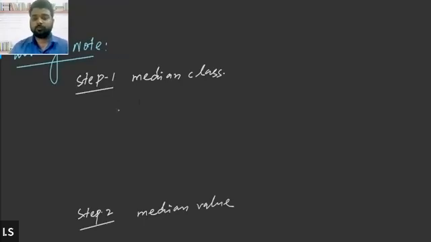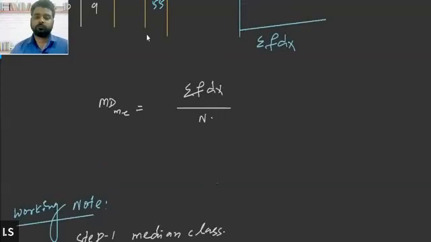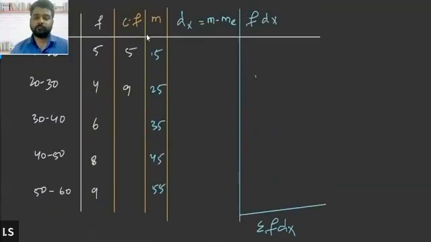All right, no problem. We will apply step 1 first to find out the median class. The formula for median class is n by 2 term, not n plus 1 by 2. This time it will be n by 2 only. Okay, so how many items are there in the question? For that we will have to find out the CF.